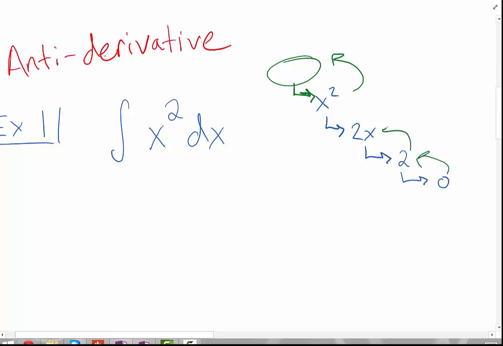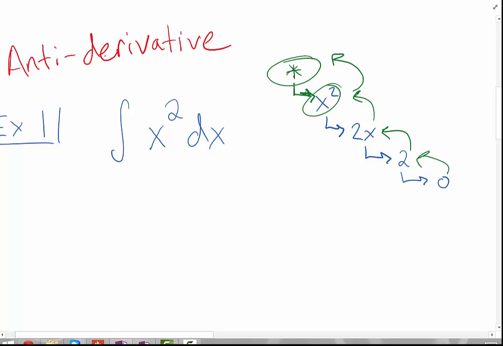The integral of 2 is 2x. The integral of 2x is x squared, and so on. I want to point out, we'll get there later, that the derivative of any constant is 0. So basically, the antiderivative of x squared, another word for integral, is what we're looking for right here, in that box.